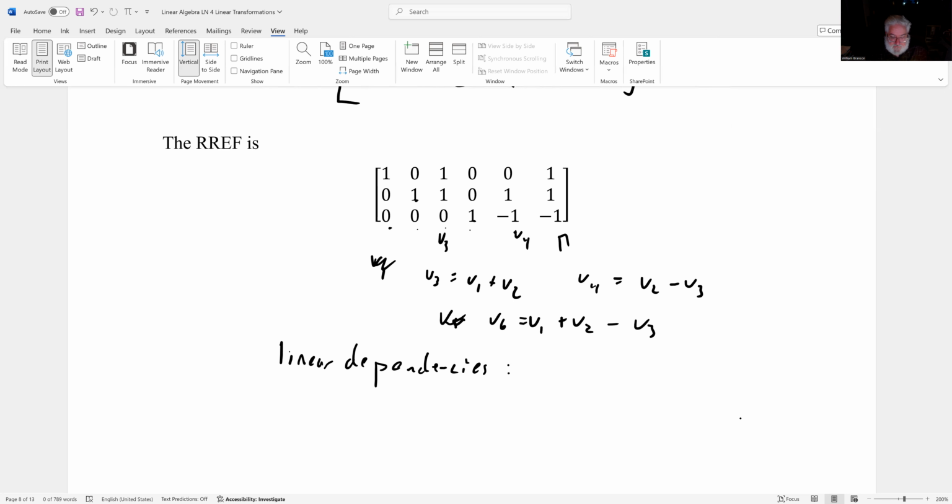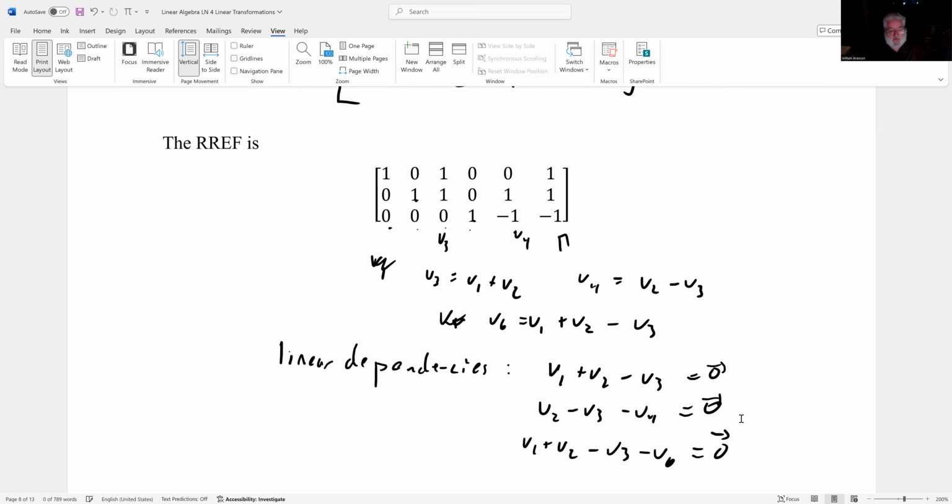So we have V1 plus V2 minus V3 equals 0. We have V2 minus V3 minus V4 equals 0. And we have V1 plus V2 minus V3 minus V6 equals 0. And these are all vectors. So what do we have? This is V1, 2, 3, 4.